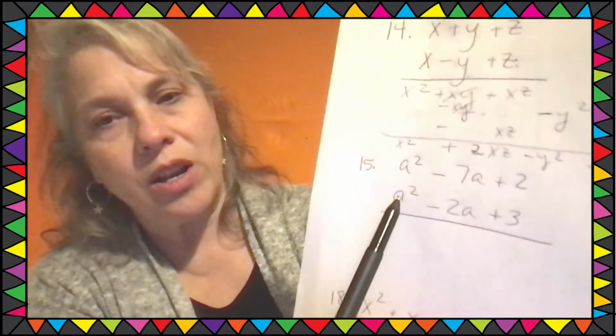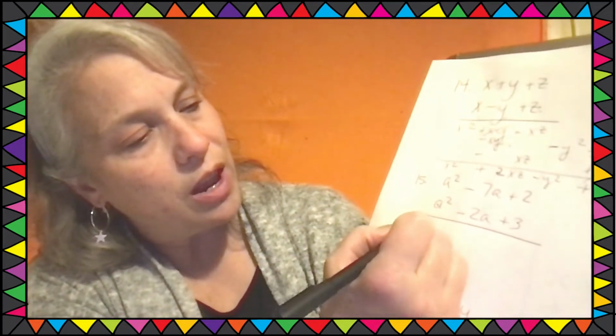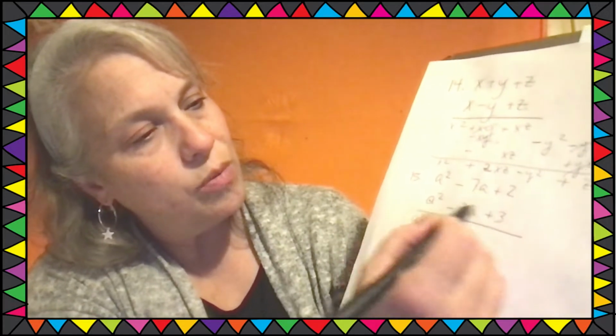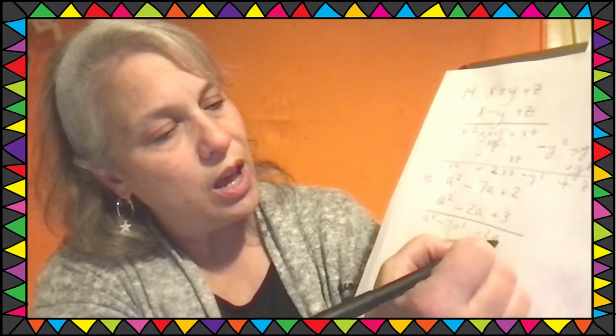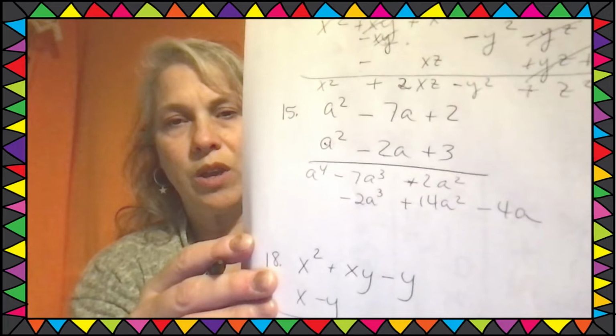Now I'm going to work on number 15. Okay, a squared is a to the 4th, minus 7a cubed, plus 2a squared. Negative 2a times a squared is negative 2a cubed, plus 14a squared, minus 4a, and then multiply 3 times everything.